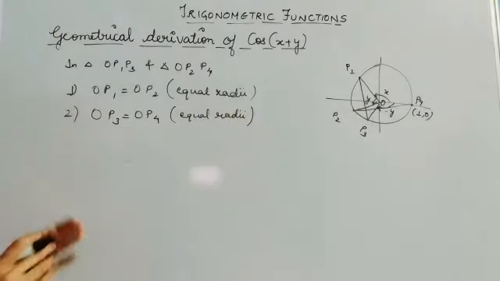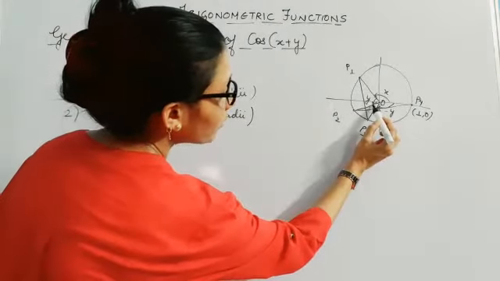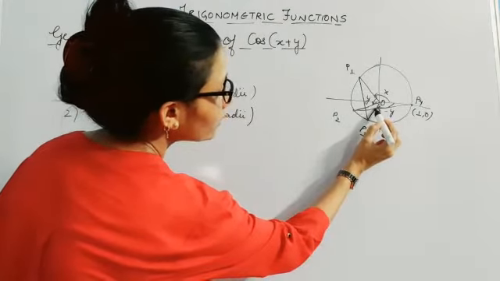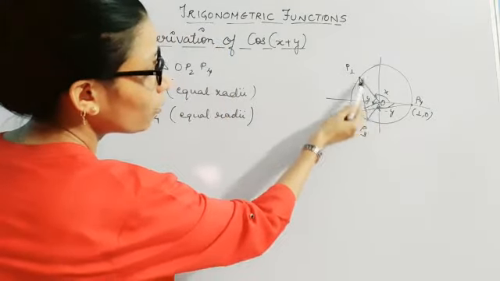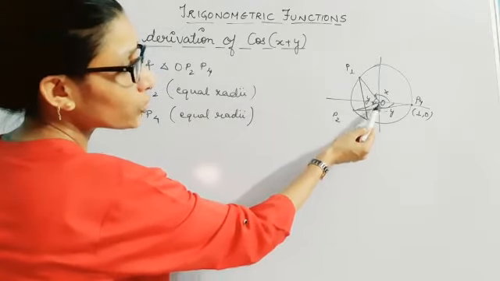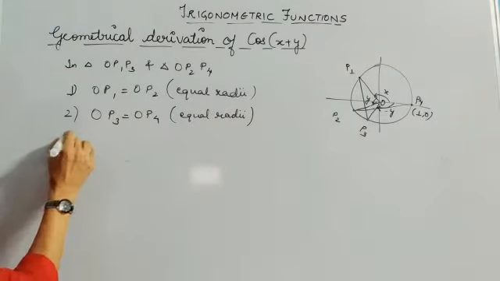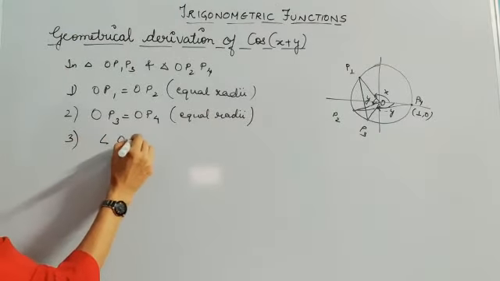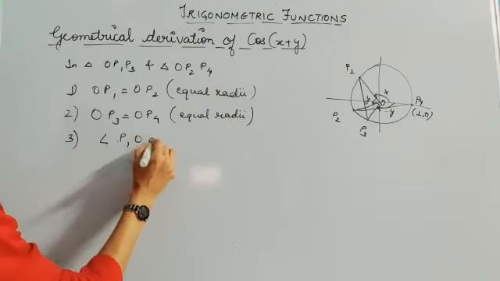Now for the third point, you look here, this is your extra part, this angle is your extra angle over here. Now if I take triangle OP1 P3, then Y plus this extra will be angle P1 O P3.